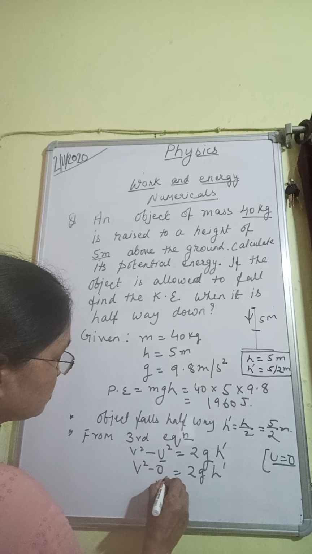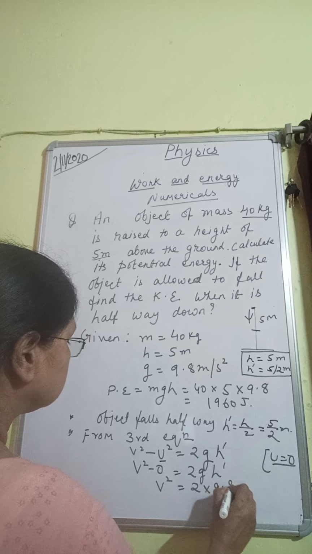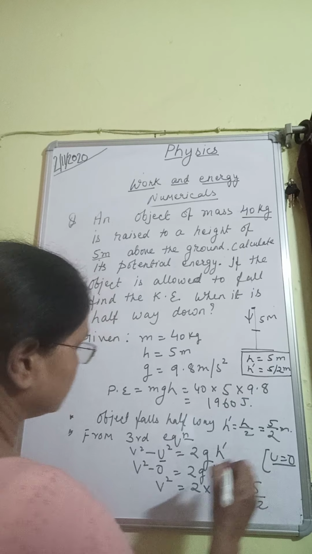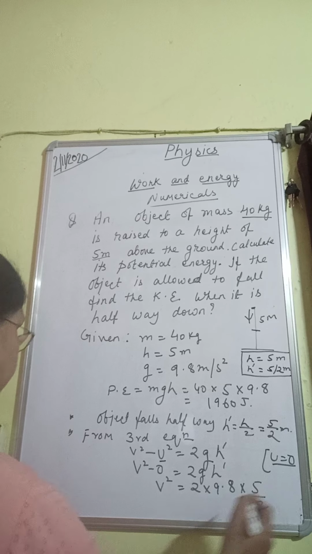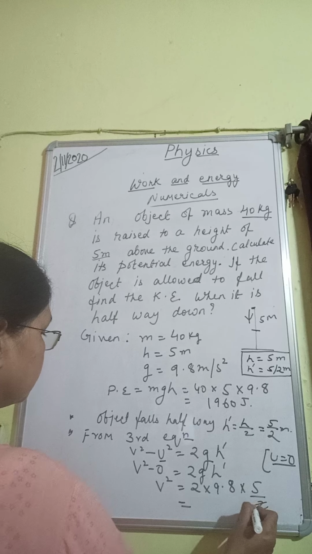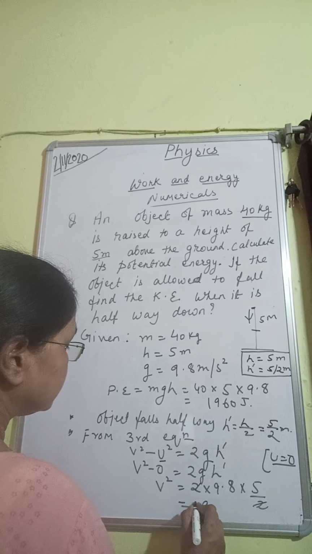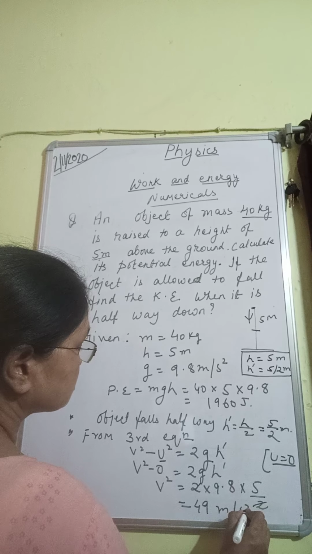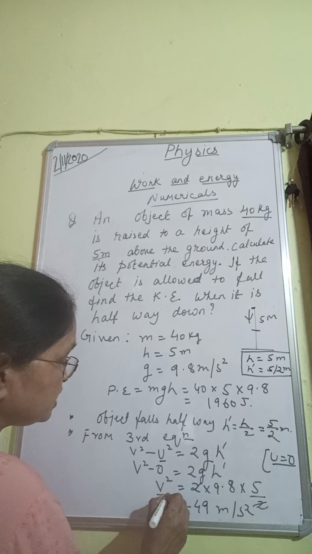That means v square is equal to 2 into 9.8 into 5 by 2. The 2 cancels, so we will get 49 meter per second square. We have got v square.